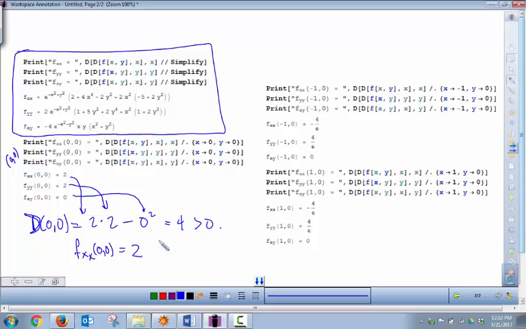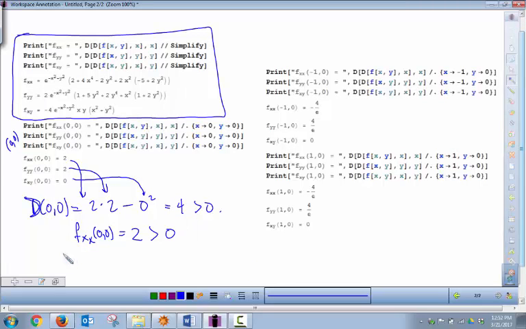Again, not that the value is important. What is important is that this is bigger than 0. When it's bigger than 0, we see that it's concave up, so we have a local min. The local minimum is at 0, 0. Okay, any questions?